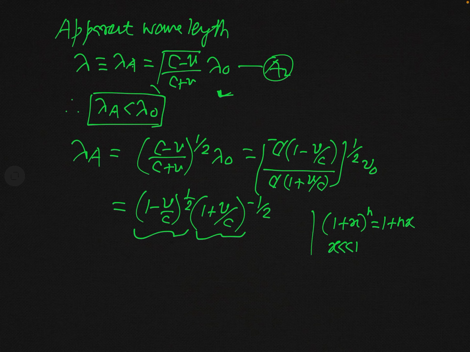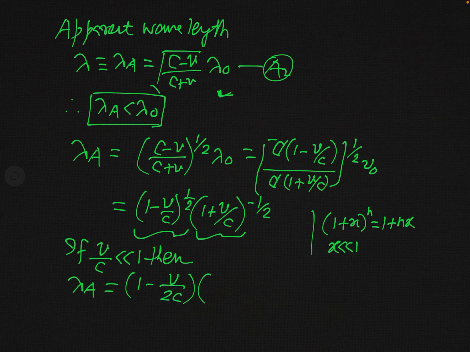So in this limiting condition, you can expand the RHS of this equation, and lambda A will be 1 minus v over 2c into 1 minus v over 2c.